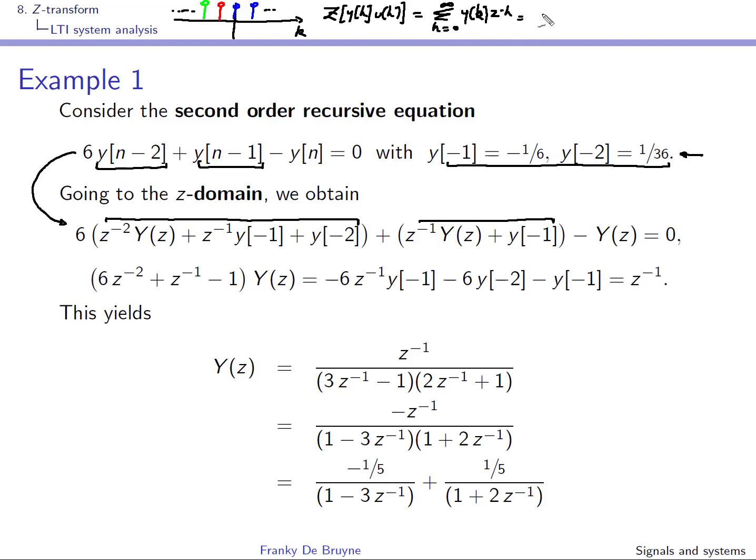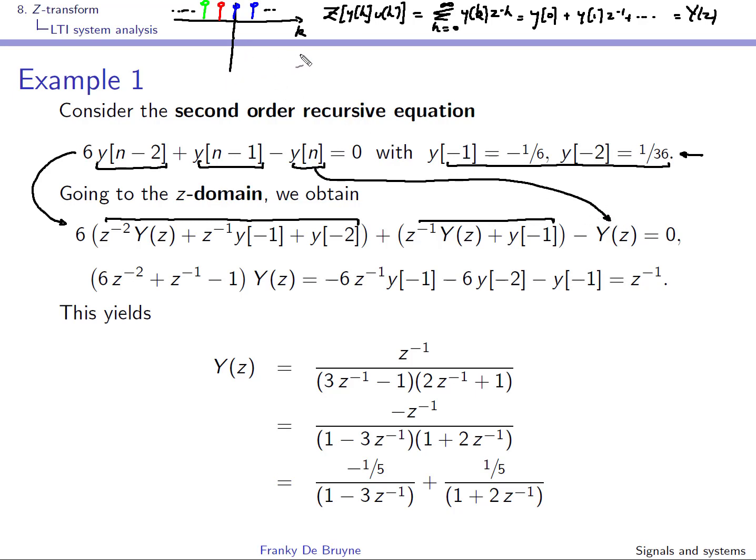If we write the first terms, it's y0 plus y1 z^-1 plus etc. And this is Y(z), right?